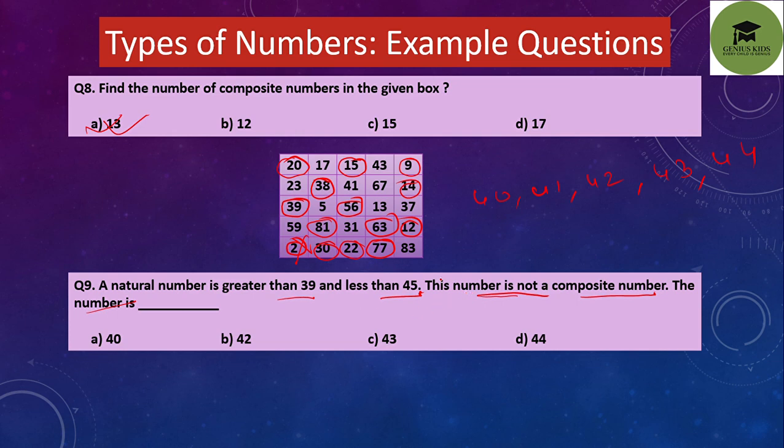Now the number is not composite, so the composite numbers are 40, 42, 44. We eliminate these 3. The two numbers left are 41 and 43. In the options you get only 43, so the answer is 43.